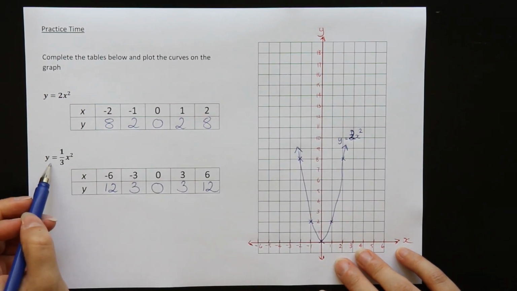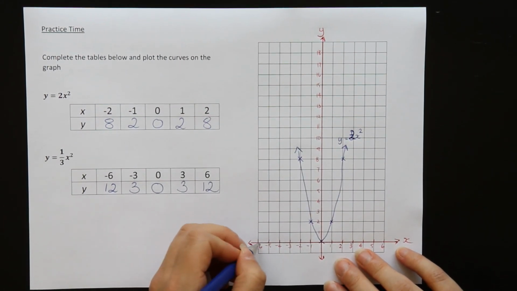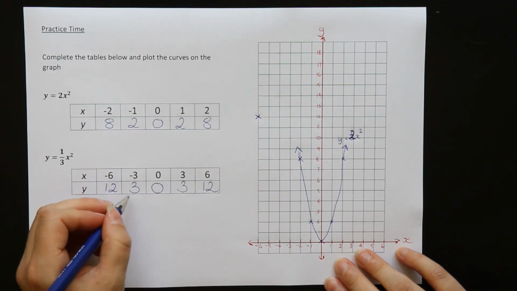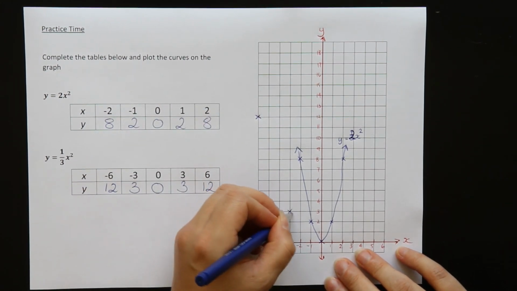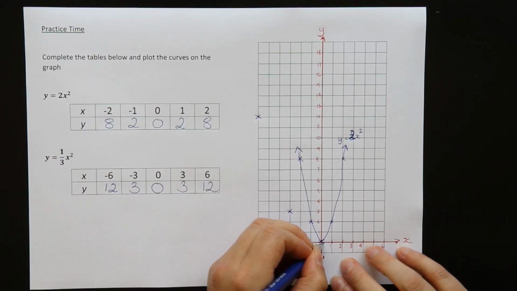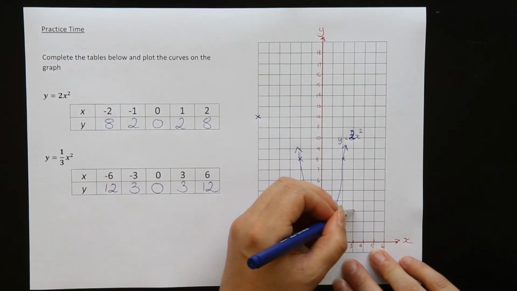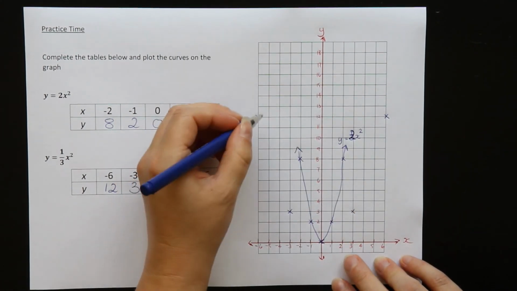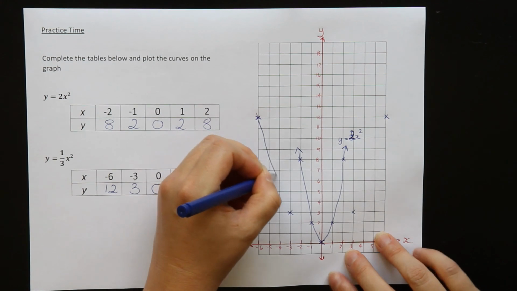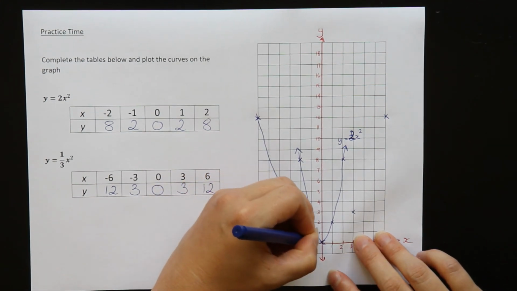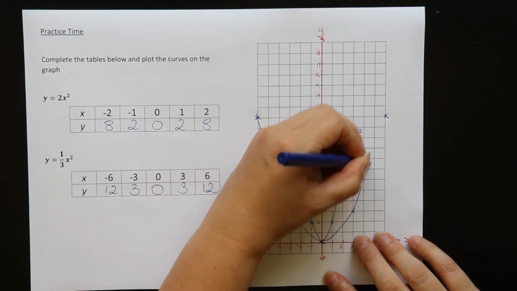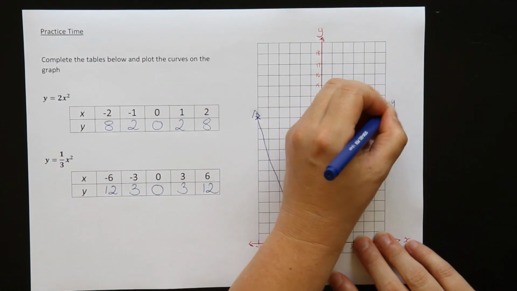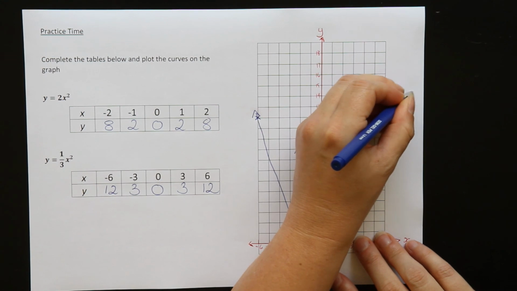Now for the 1/3 x squared, -6 goes up to 12. -3 is 3. 0, 0. 3 goes to 3. And 6 goes to 12. Join them up. And that's it. That one is y equals 1/3 x squared.